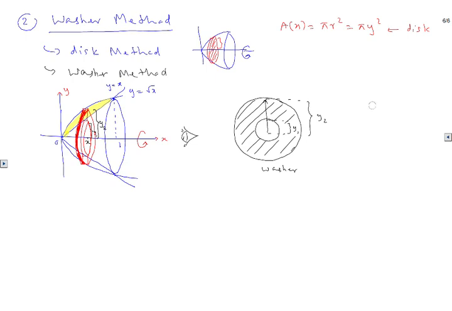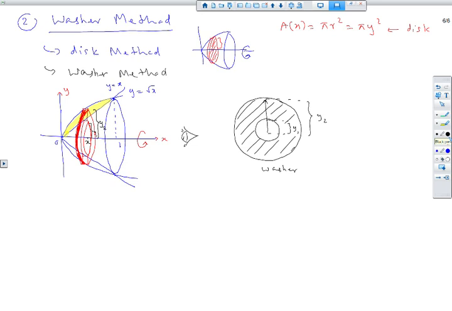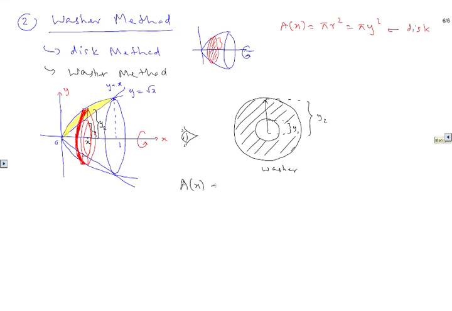A(x) equals pi times the outer radius squared, that's the area of the larger one, minus pi times the inner radius.